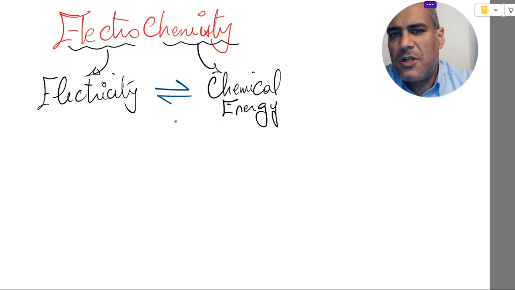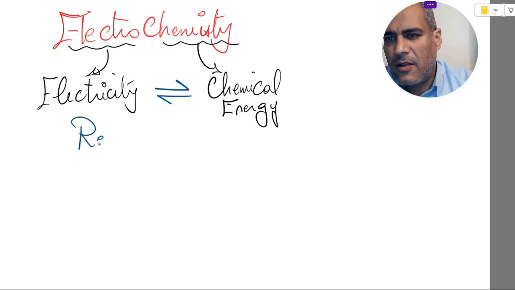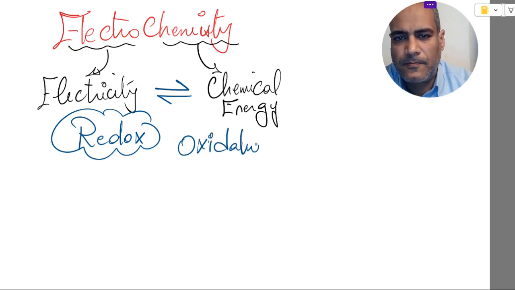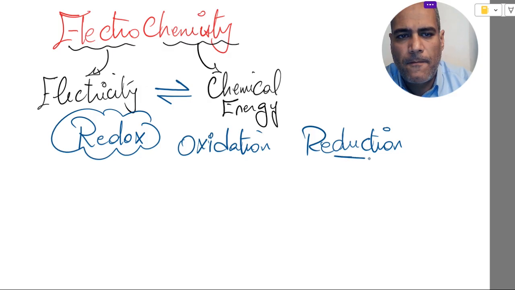Okay, so to generate electricity from a chemical reaction, it goes through a redox reaction, which means we have two types of reactions: oxidation and reduction. First of all, what is meant by oxidation?